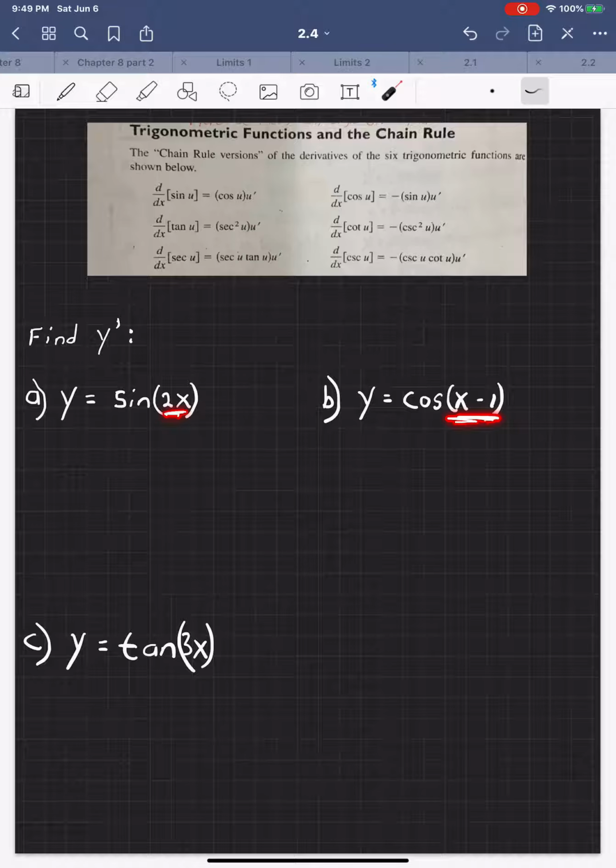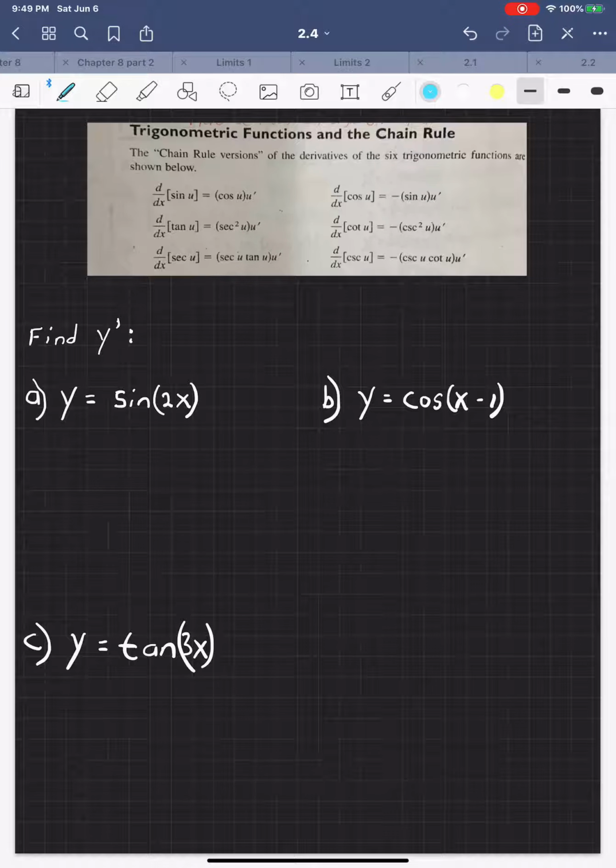So if I had sine of x, no need for a chain rule. If I had just cosine of theta, no need for a chain rule. But as soon as you start to change the angle, which would potentially change the period of your function, you're going to need a different rule for finding the derivative.